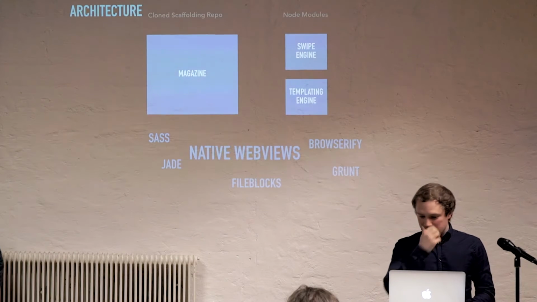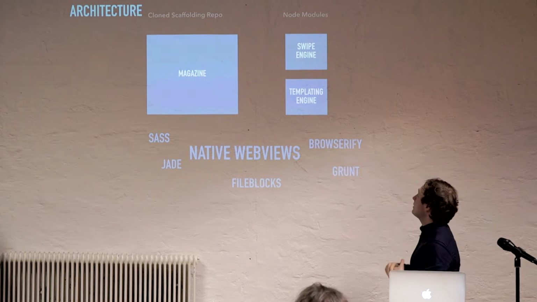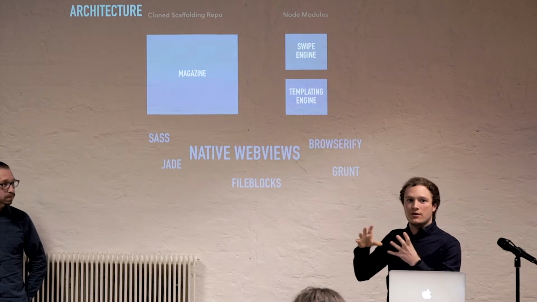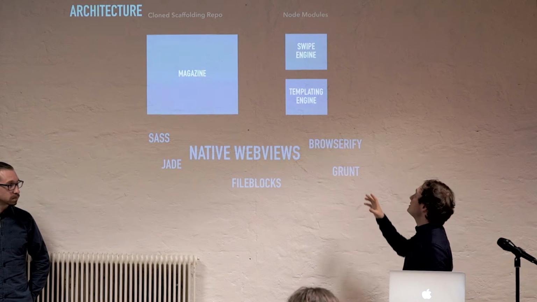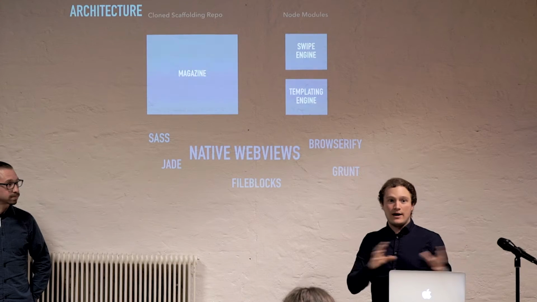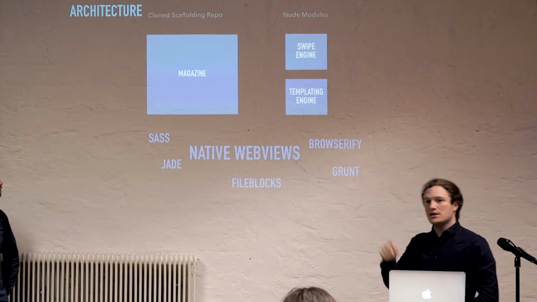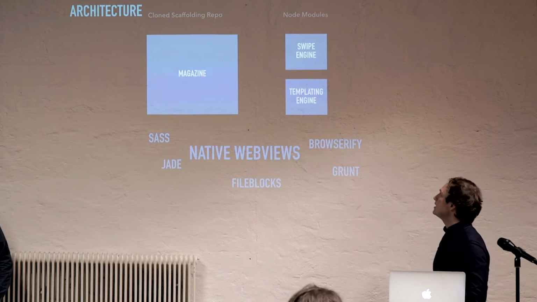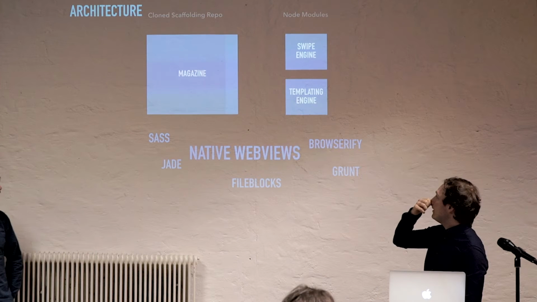So what does the architecture look like? We extracted two libraries from the code. One is the swipe engine, which is responsible for the whole interaction. And one is the templating engine, which is responsible for having components on each page, because there's custom JavaScript on each page, as you've seen with all the overlays and interactions. Those two are required in the magazine.